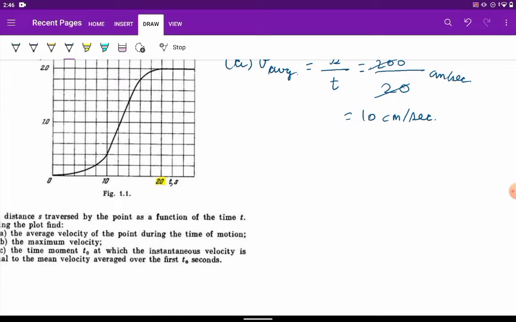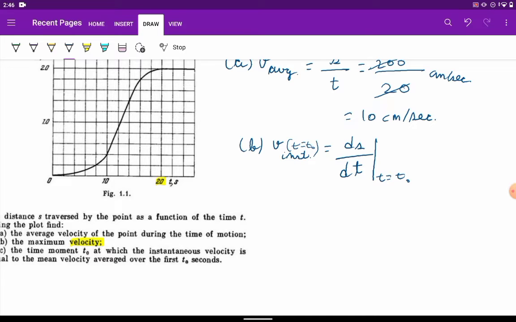Second part, the maximum velocity. Whenever we are seeing the velocity, it is basically the instantaneous velocity, v instantaneous equal to ds by dt at some t equal to t naught.